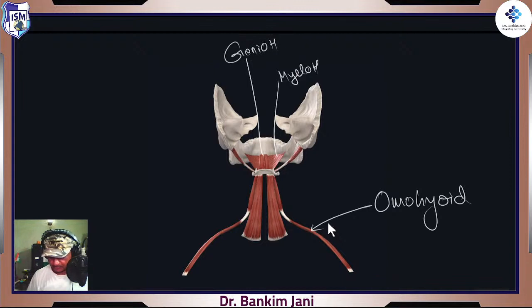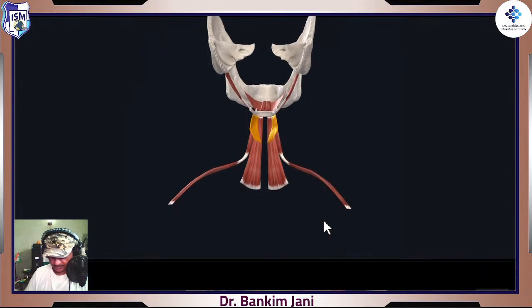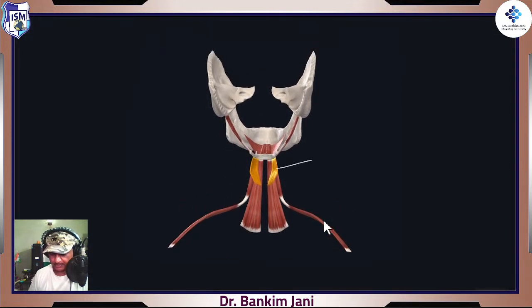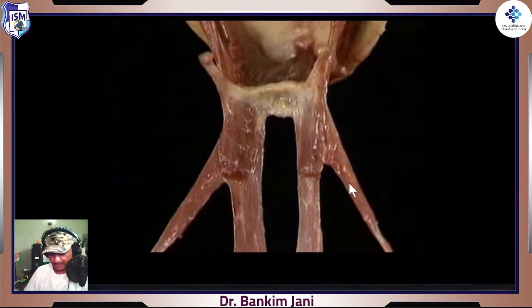Then this one would be, say, Digastric, right? And this we already talked about, Sternohyoid, and that is Omohyoid. And finally, this one is Thyrohyoid. That thin sling above is the Stylohyoid. So that is how we see all of them.